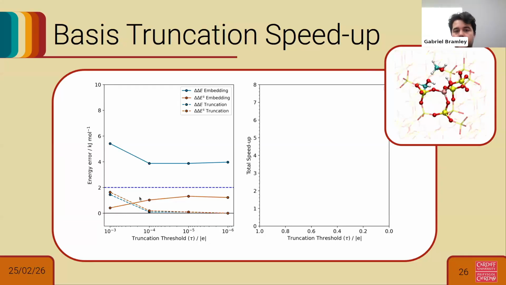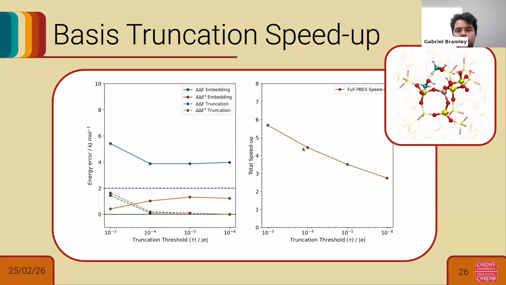And on top of this, we get a relatively good speed up out of this 10 to the minus 4 threshold versus the full PBE naught calculation for the total energy. So you can see here, we get about a 4 to 5 times speed up compared to the full PBE naught calculation for the large zeolitic cluster.